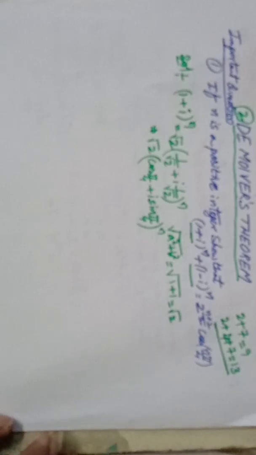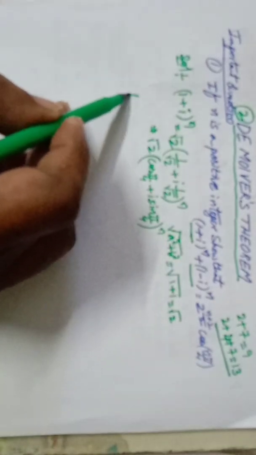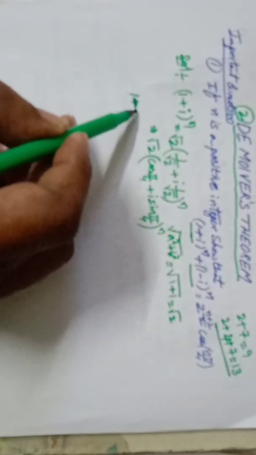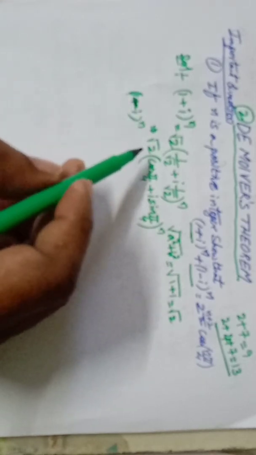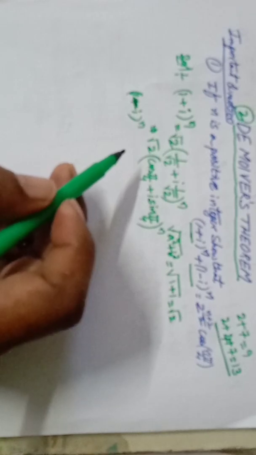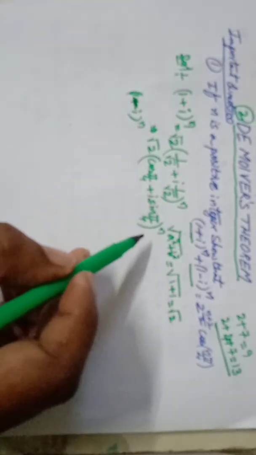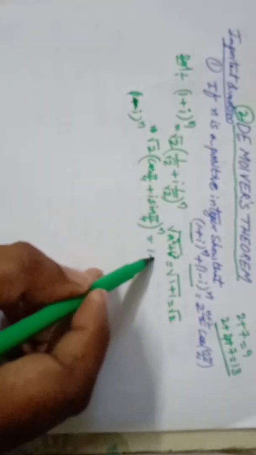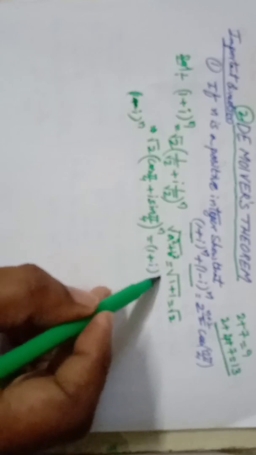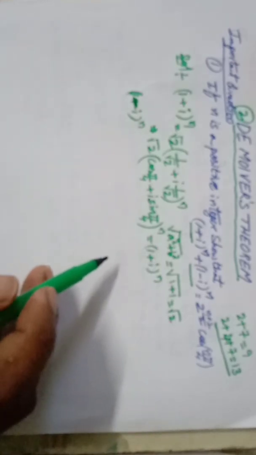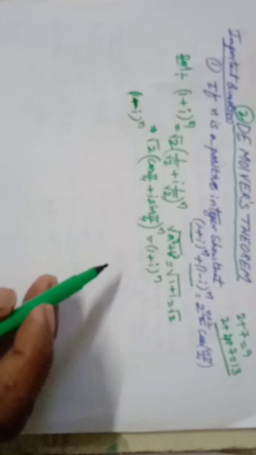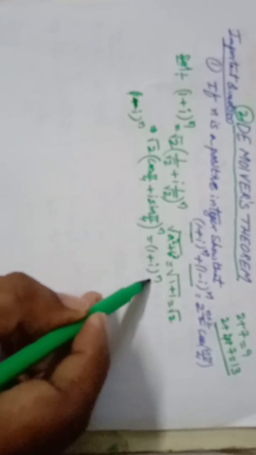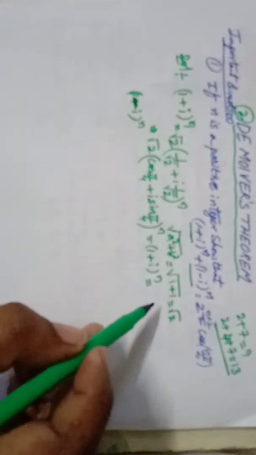Similarly, you can write 1 minus i whole to the power of n. So this value is (1 plus i) to the power of n. Before going to the second part, if you apply De Moivre's theorem here, what will we get?